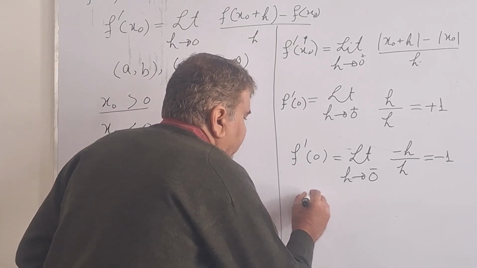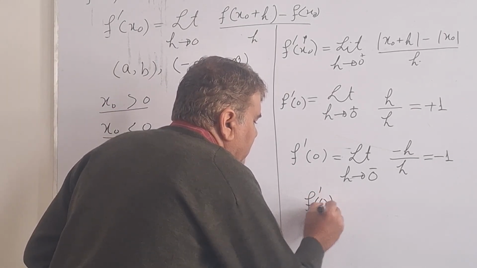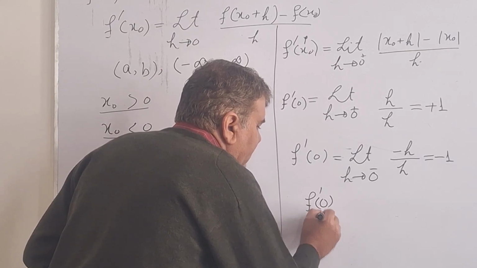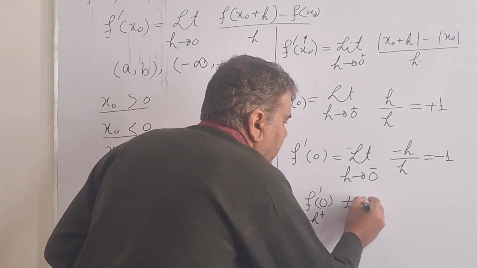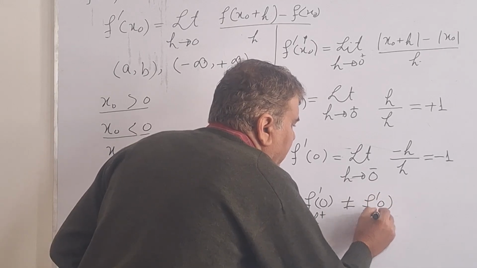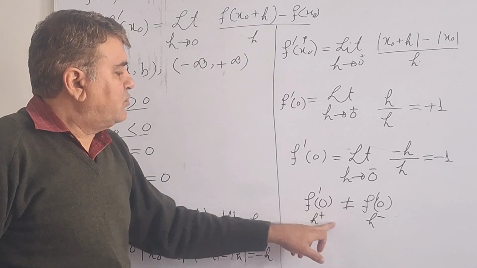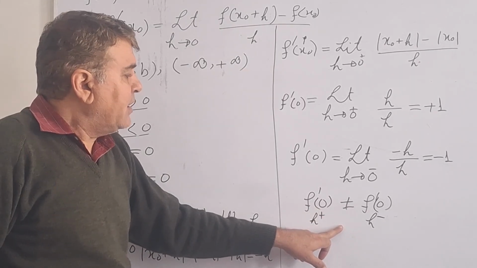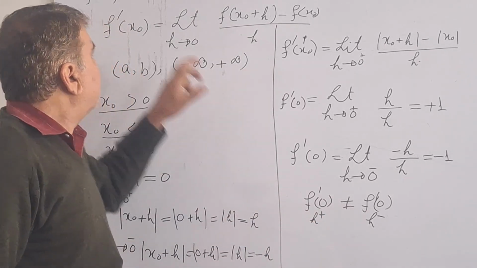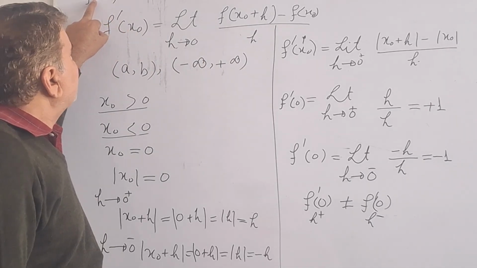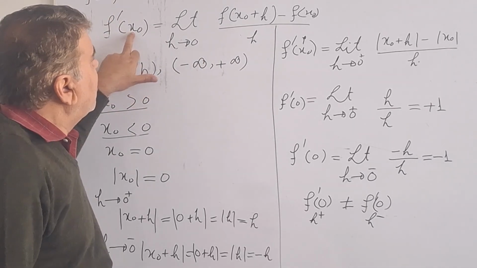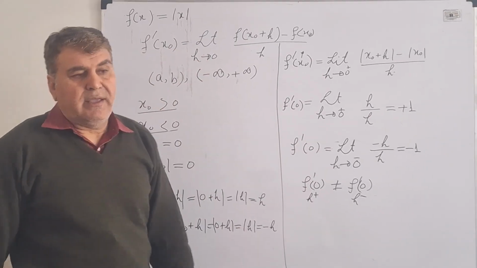We say that f prime of 0 for h positive is not equal to f prime of 0 for h negative. So these two values do not agree with each other. Therefore, we say that the function f of x is not differentiable at x naught equal to 0.